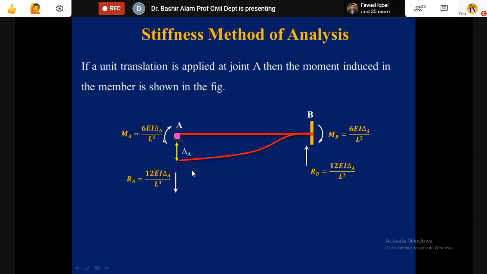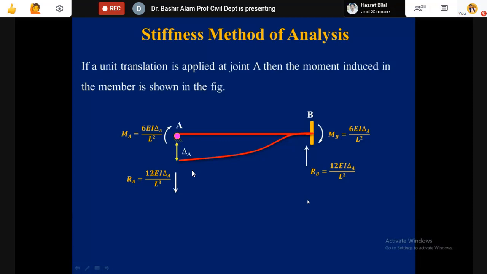The balancing couple was counterclockwise, so it will become clockwise. So you can find the direction of the couples also. In case of translation, the moment produced will be 6EI delta divided by L square. The couple produced will be 12EI delta divided by L cube. And how to find the directions, we discussed in much detail.